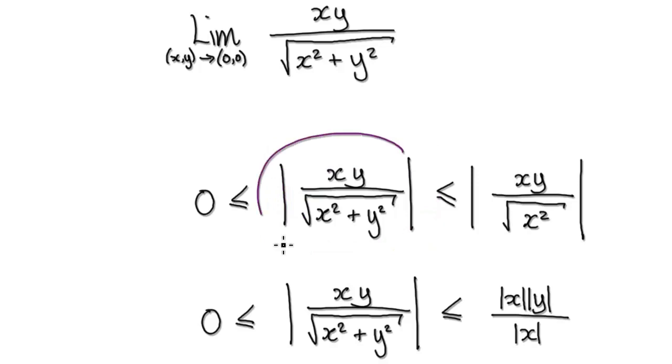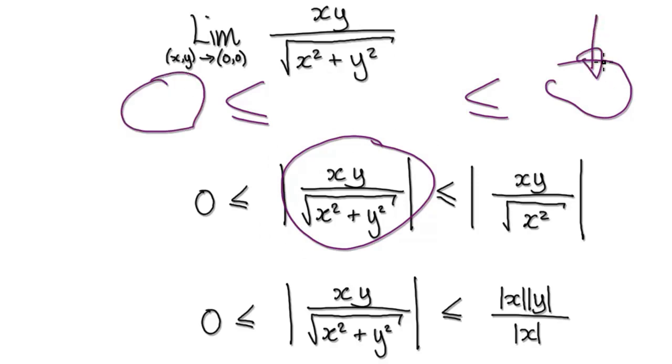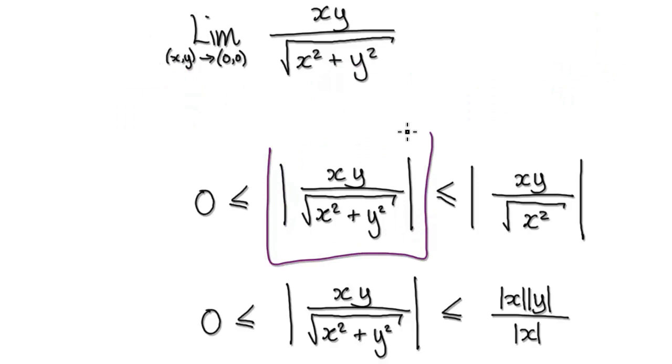So consider the absolute value of the function. Looking at the absolute value, our aim here is to trap this thing in between two things, and then use the squeeze theorem to show that if this heads towards 0 and this heads towards 0, then what's in the middle will have no choice but to head towards 0. So consider this absolute value of the function.